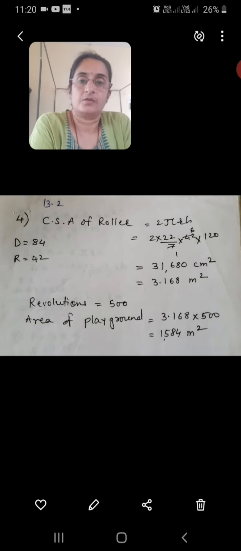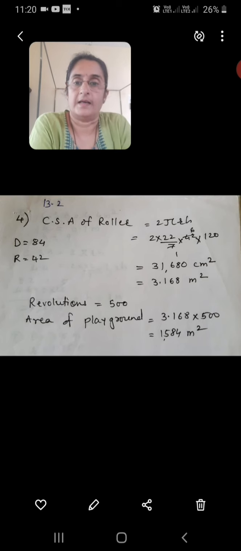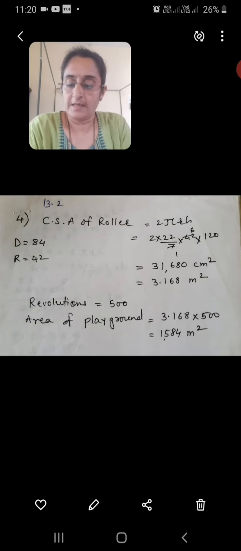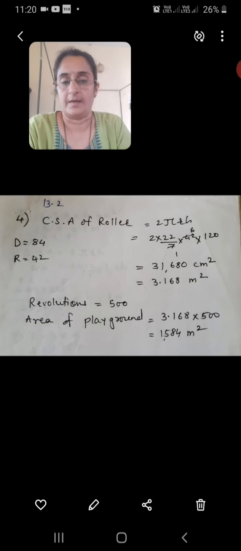Fine. So here I have taken one sum, that is question number 4. The diameter of a roller is 84 centimeter and its length is 120 centimeter. It takes 500 complete revolutions to level the playground once over. Find the area of the playground in meter square. Children, here one roller is there.